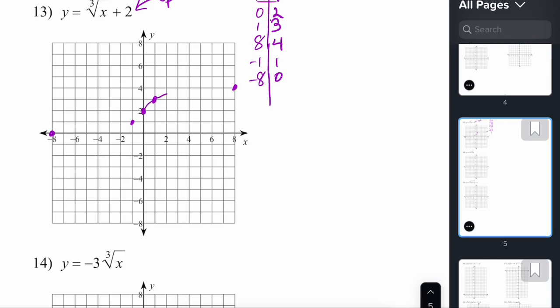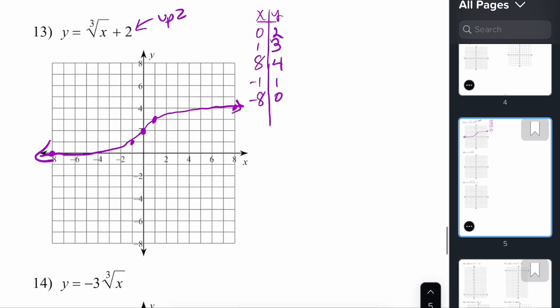So my graph looks like this. The cube root has 2 pieces, a positive and a negative piece. Okay, and then you should be able to answer all the questions about your cube roots.